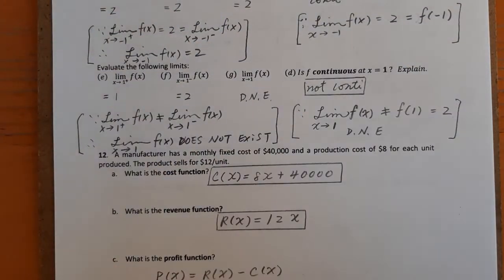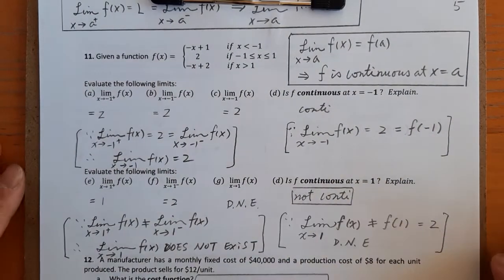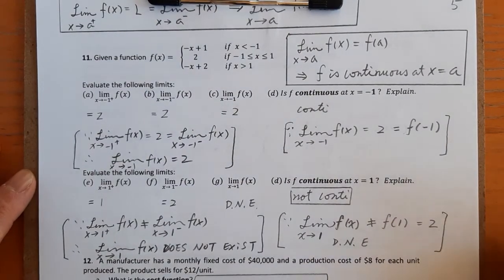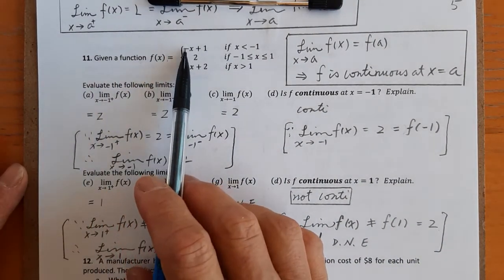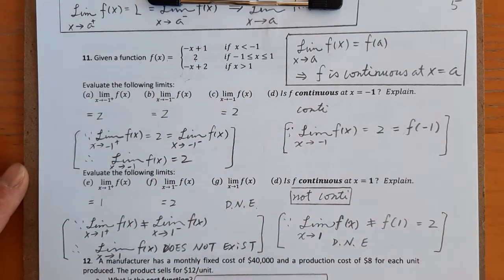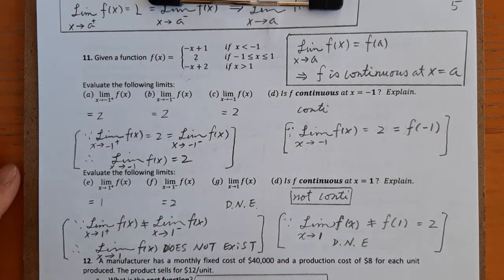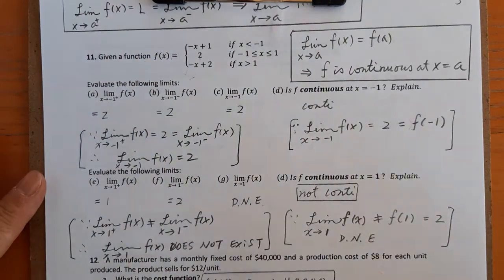The next question, question 11. Given a function f of x equals, this we call a piecewise function. 3 pieces.